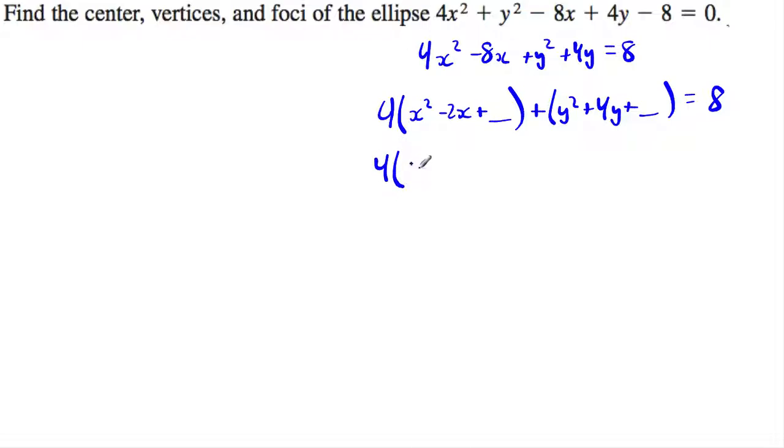Here I take this middle term, divide by 2, and square it. So I'm going to get 1. So I have to add 1 over here. Here I'm going to take this 4, divide by 2, and square it to get 4. So I'm going to add a 4 over there. So I get x minus 1 squared plus y plus 2 squared, and this is all going to equal 13.